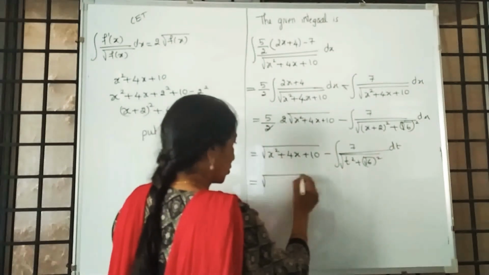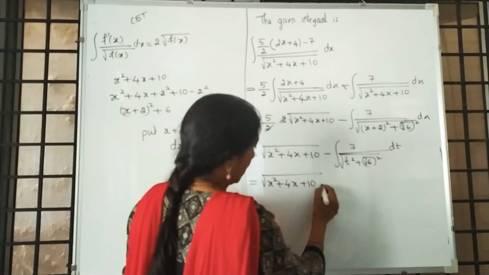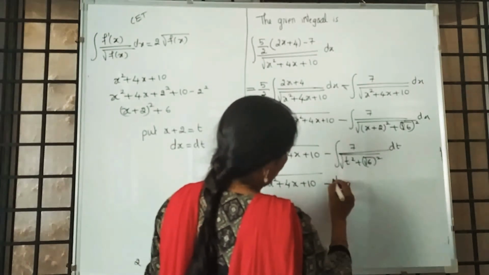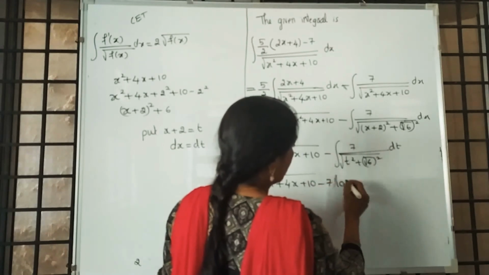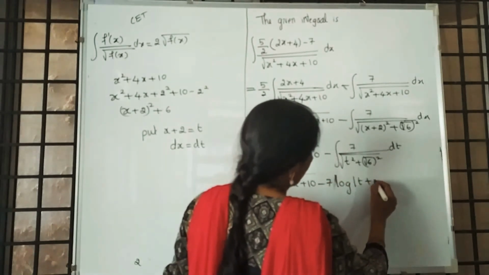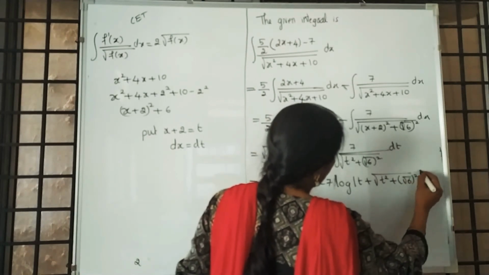It is root of x square plus 4x plus 10 minus 7 into log of t plus root of t square plus root 6 square.